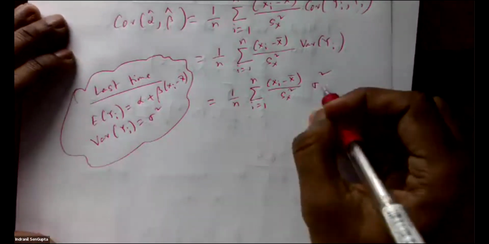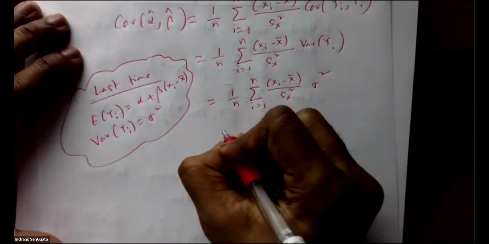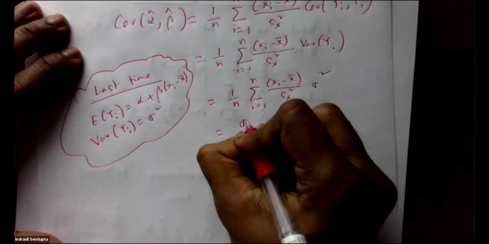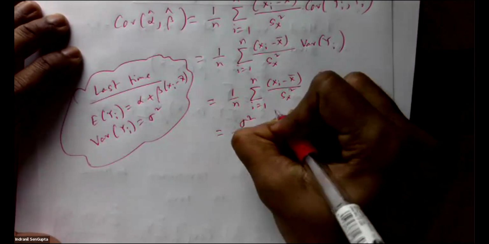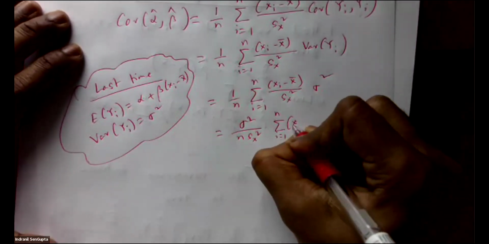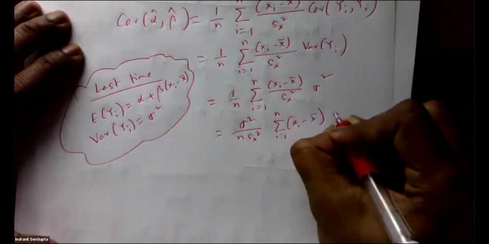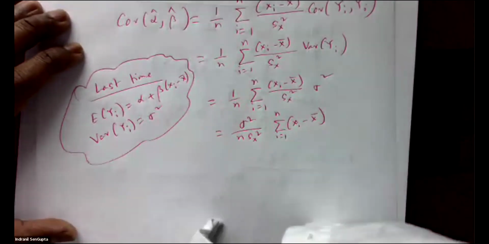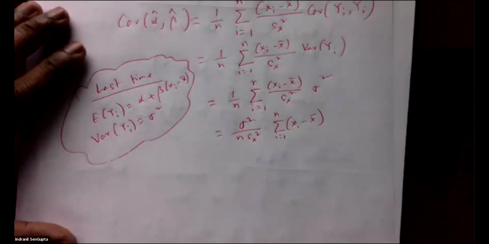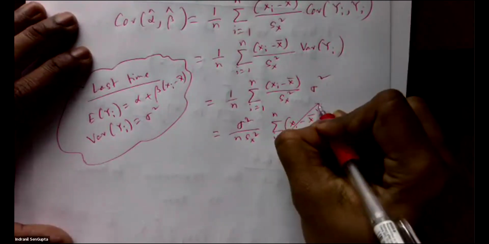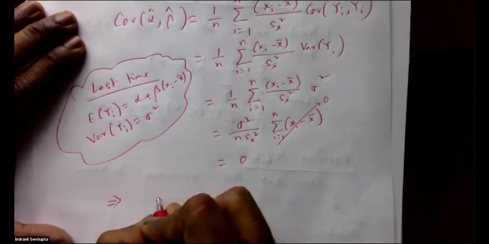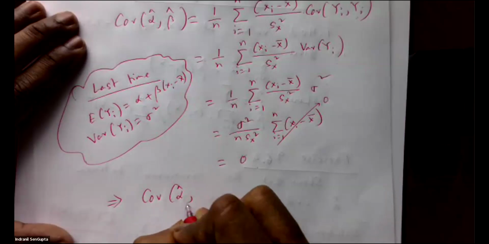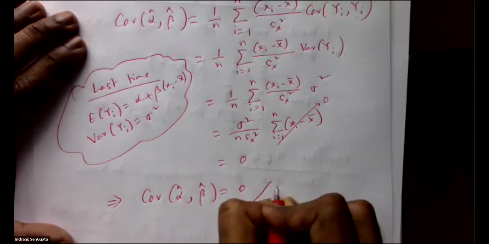Now, if we pull out these constants, this is sigma squared over n Sx squared, summation i from 1 to n of xi minus x bar. We have seen it multiple times by now: this quantity is 0. Okay? So this is 0. So what we found is that the covariance of alpha hat and beta hat is 0.